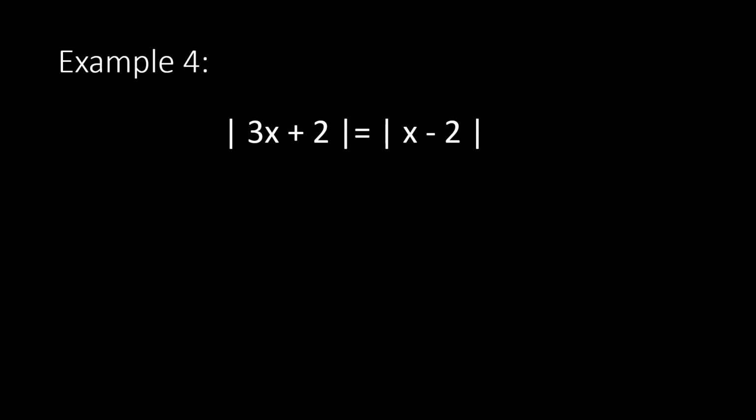So we have another example of the problem we did right before, because I wanted to get more of a hang of it, because you find this a lot in Algebra 1. So we're going to rewrite the equations. 3x plus 2 equals x minus 2, and then 3x plus 2 equals negative parentheses. Make sure you remember the parentheses, x minus 2.